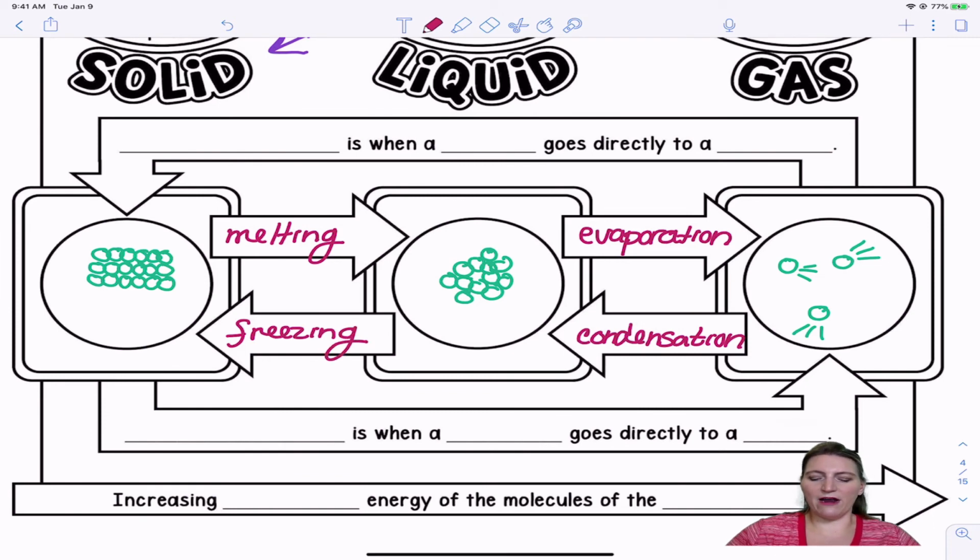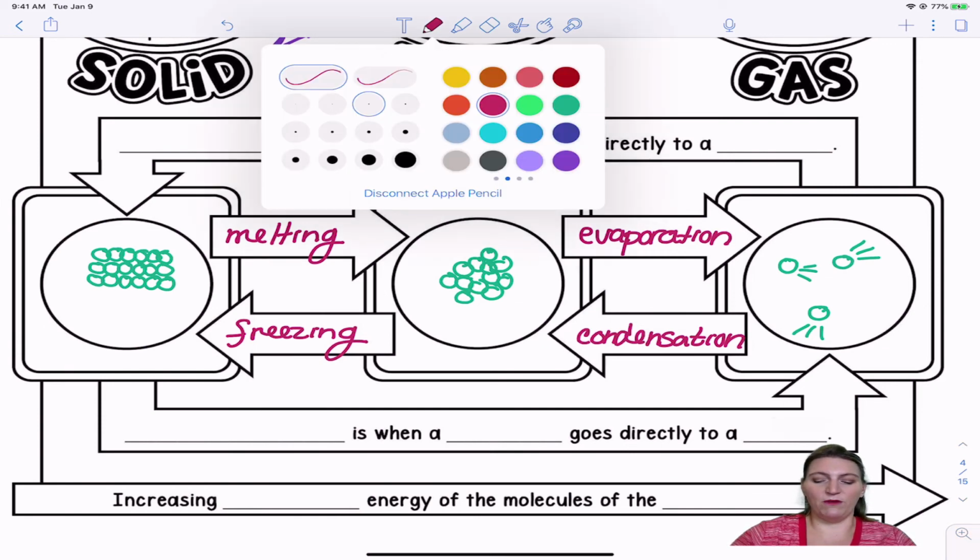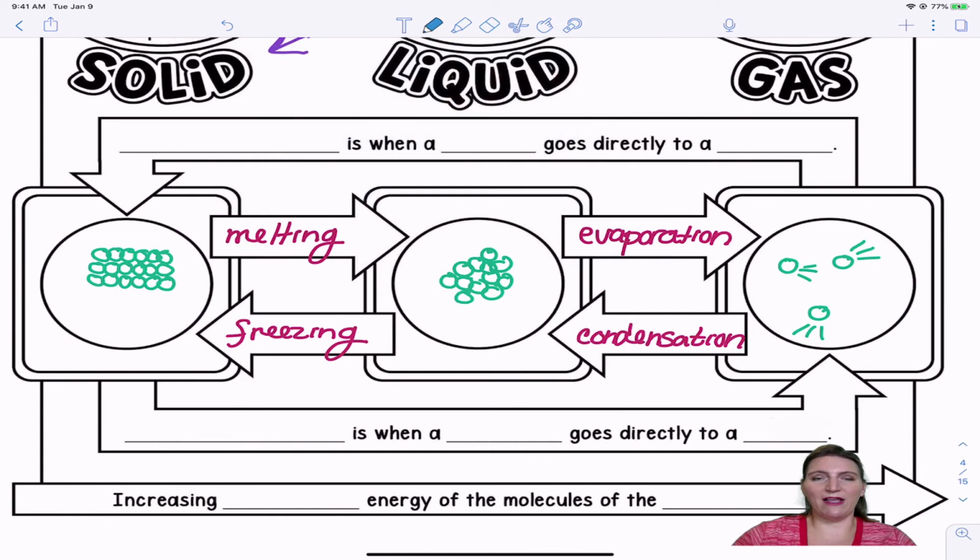Now, the arrows up the top and bottom, those may be words that you may or may not have heard of before. These are when you make a phase change without going through liquid first. So let's start with a solid, because this is one that you may have heard of. If I start with a solid and I go directly to a gas, but without having to go through the liquid phase, and you don't see this often, that is called sublimation.